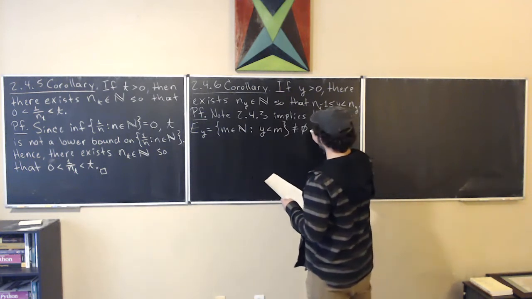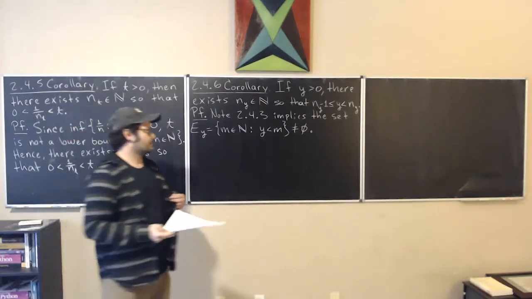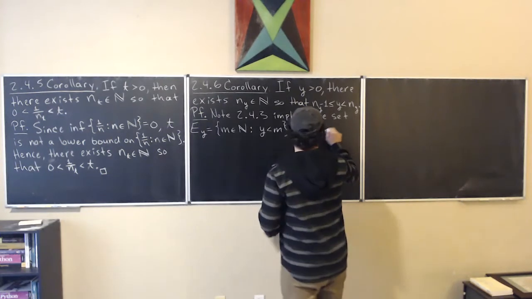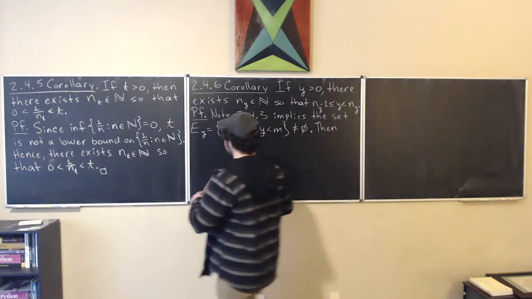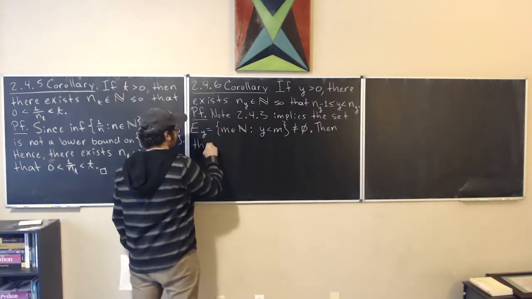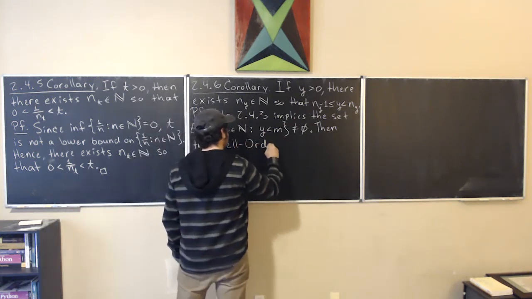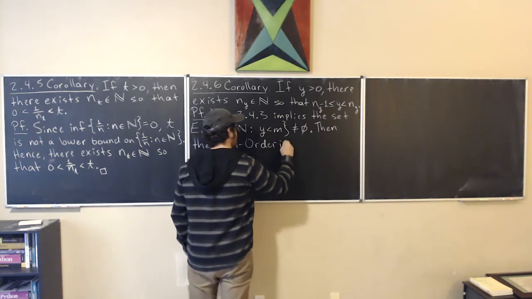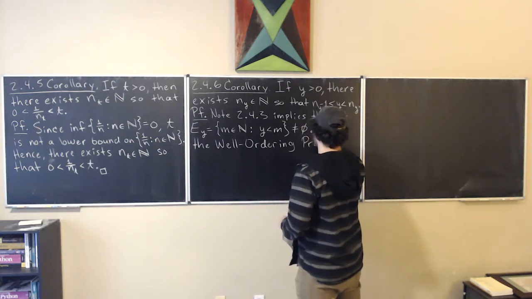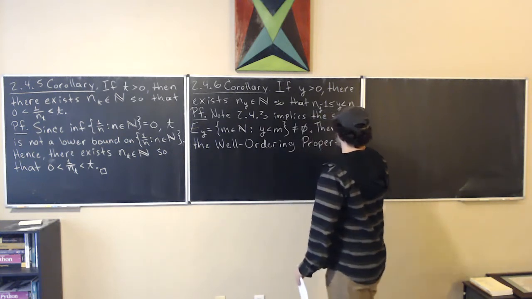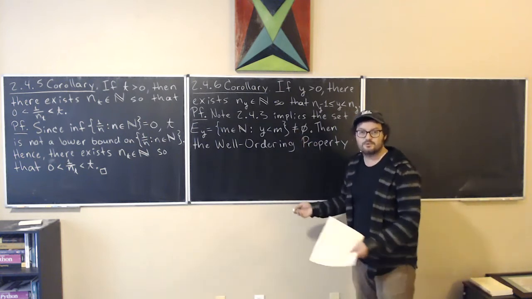Okay. So what do we have? We have a non-empty set of natural numbers. So then the well-ordering property implies that this non-empty set of natural numbers has a least element, a smallest element.